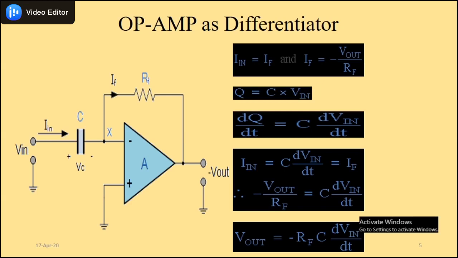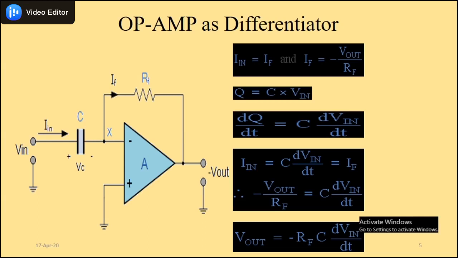Which is simple KVL or KCL concept. For finding out the current across the capacitor, you will use your basics, which is Q equals the charge stored across the capacitor, nothing but C cross V in, the input voltage. Because we want to find the current passing through the capacitor, if you differentiate the charge across the capacitor, you will get the current.